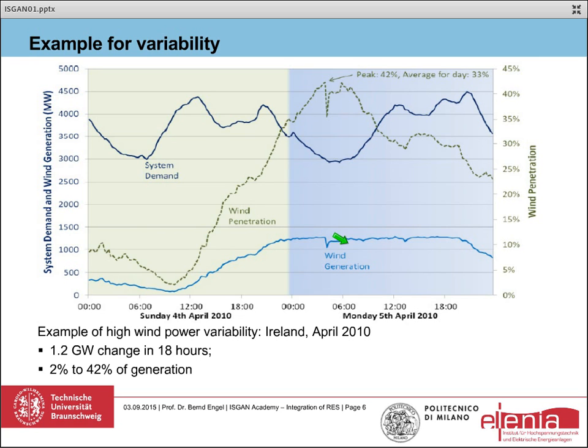On this Monday, wind generation has a peak with 42% of the overall electricity generation, whereas 18 hours before that there was only 2%, and this is a 1.2 gigawatt change in 18 hours. So the wind penetration can vary very much, and PV is often even worse.